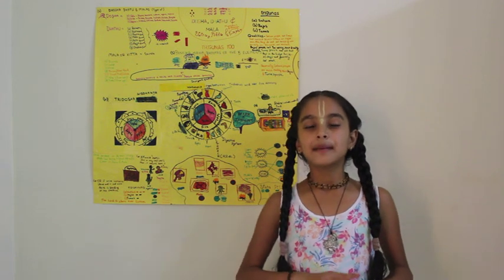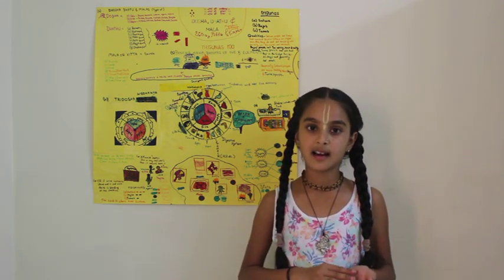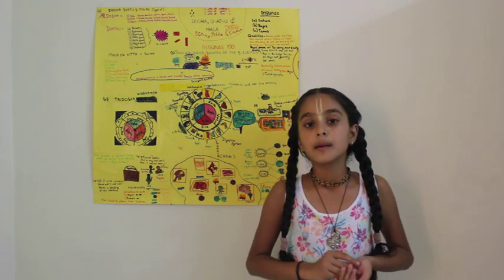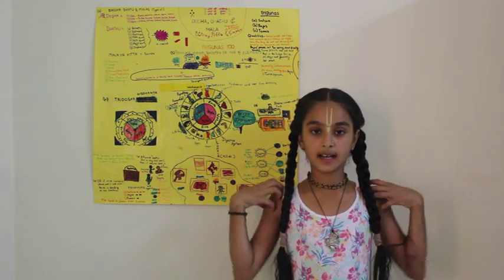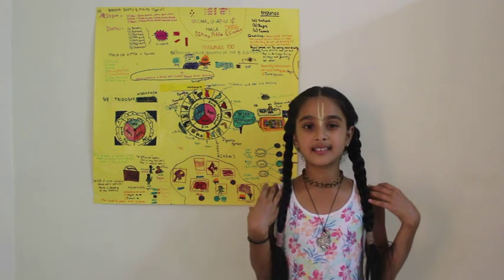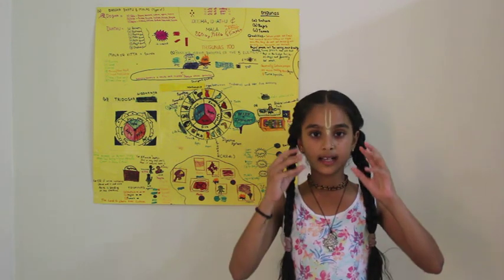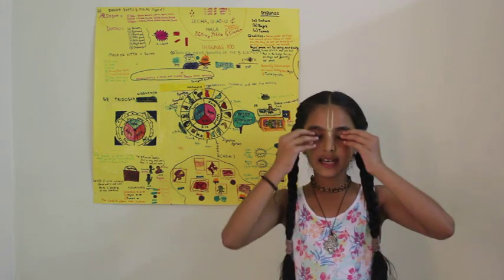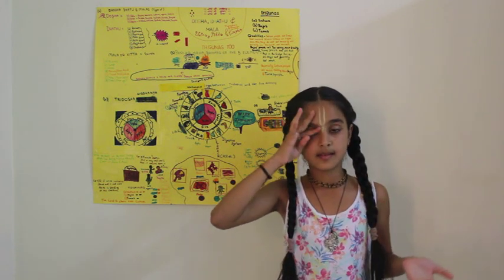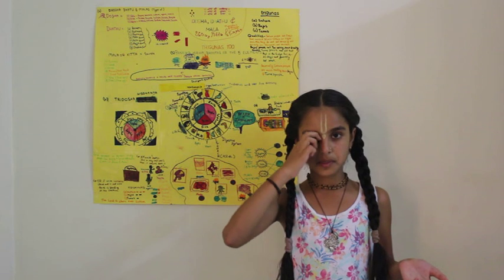Pitta also has 5 divisions, as I told: pachaka, ranjaka, sadhaka, alochaka and rajaka. Rajaka is in the skin, and if it is vitiated, then we get skin disorders. If alochaka is vitiated, then we get poor eyesight problems and redness in the eyes and many other problems.